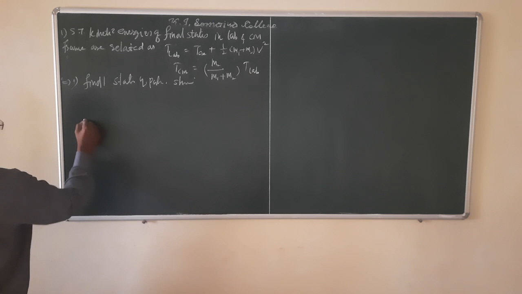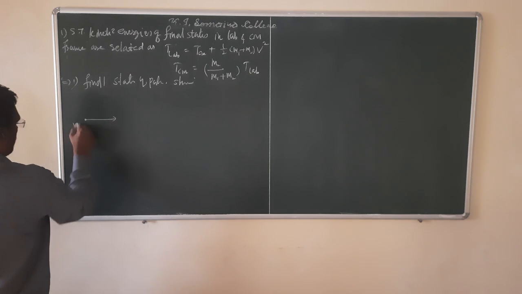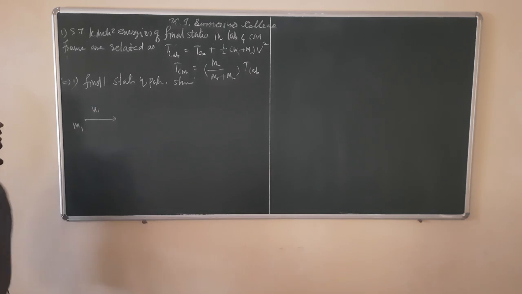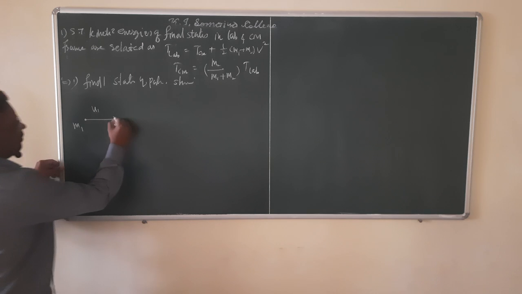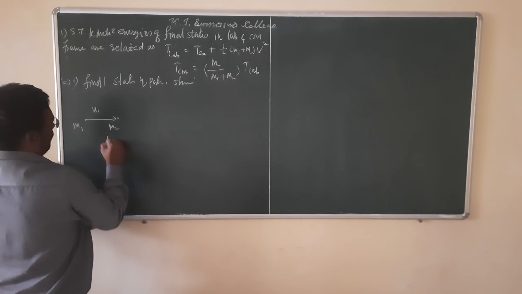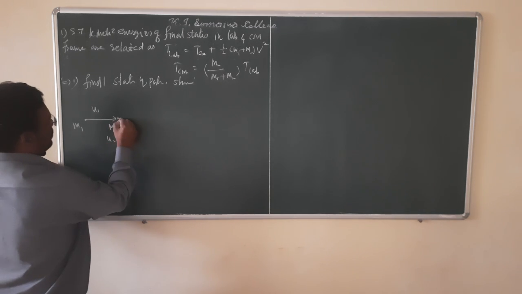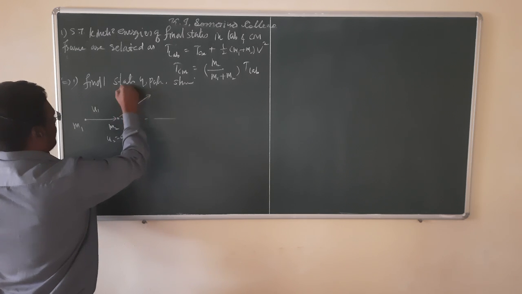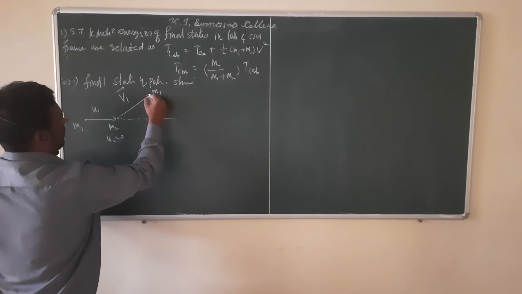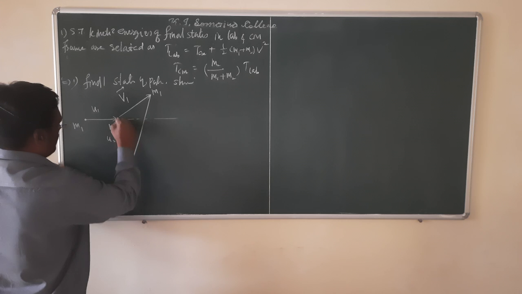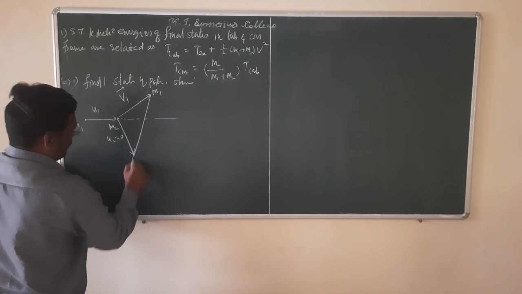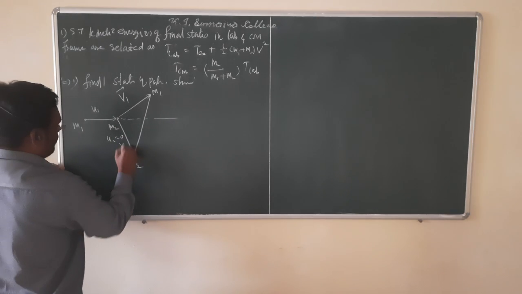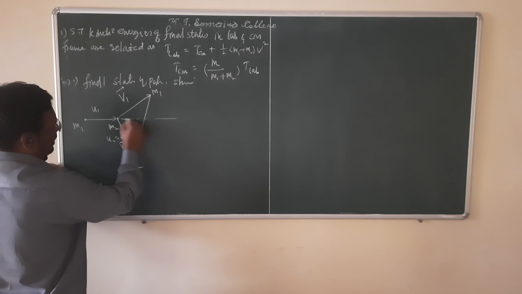Here m1 is incident with velocity u1 on particle m2, which has initial velocity 0. So this is before scattering, and after scattering, vector v1 is the velocity of m1 and vector v2 is the velocity of m2.